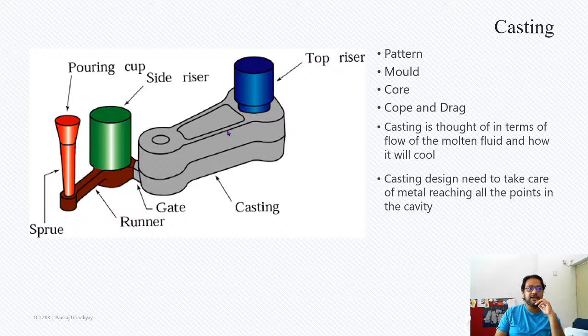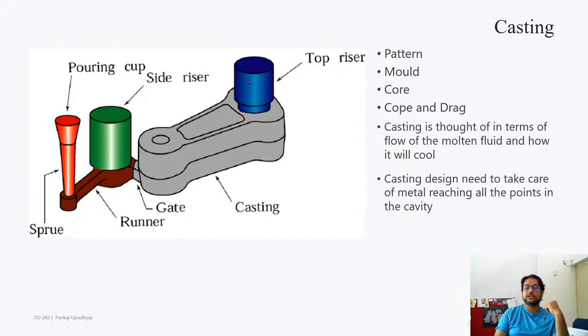As I was saying, once the material is poured in, it fills in and reaches the top of these two places, and now you can be sure that the whole cavity is totally filled up. What happens when the metal cools down? It shrinks in volume, and when it shrinks, it will try to pull in material from any place which is available.